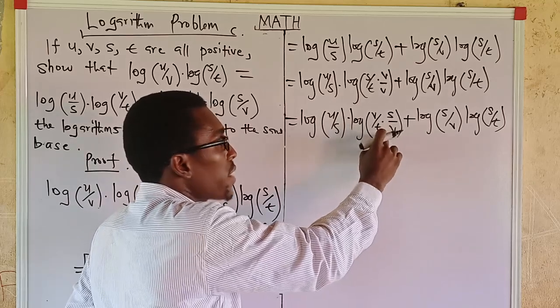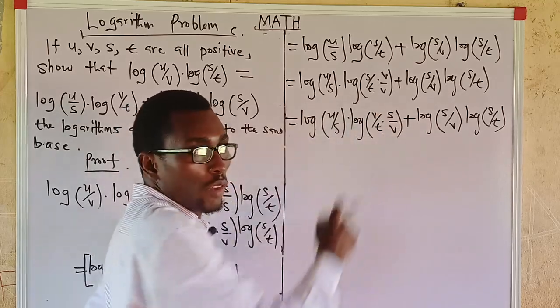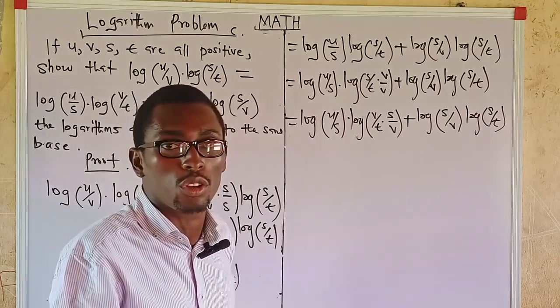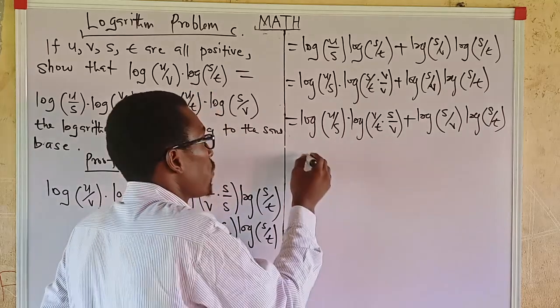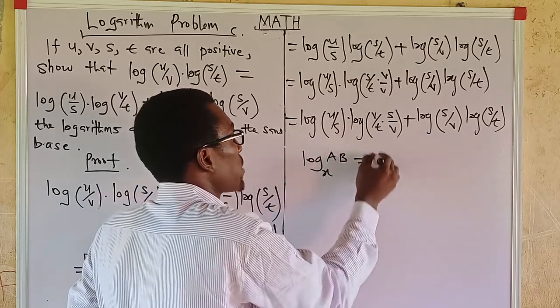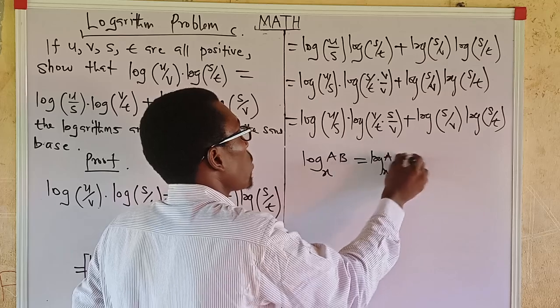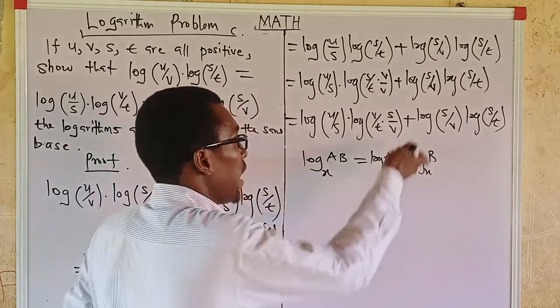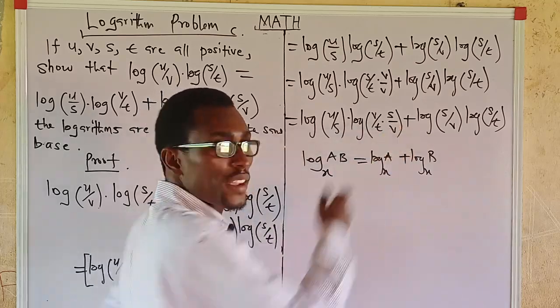Now this is a product, all right? The product of V over T and S over V. So we can use the law for expanding products of logarithm. Let me quote the law once again. If you have log to base x of AB, this is equal to log to base x of A plus log to base x of B. Can you see that? So if we apply this again, I think this will be promising, all right?